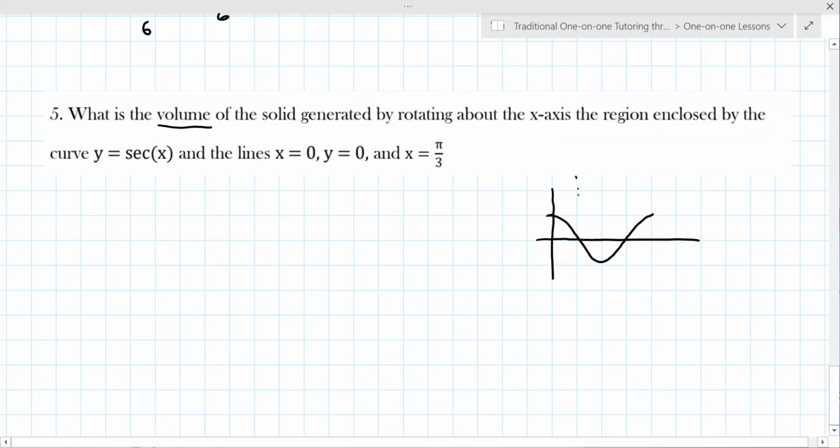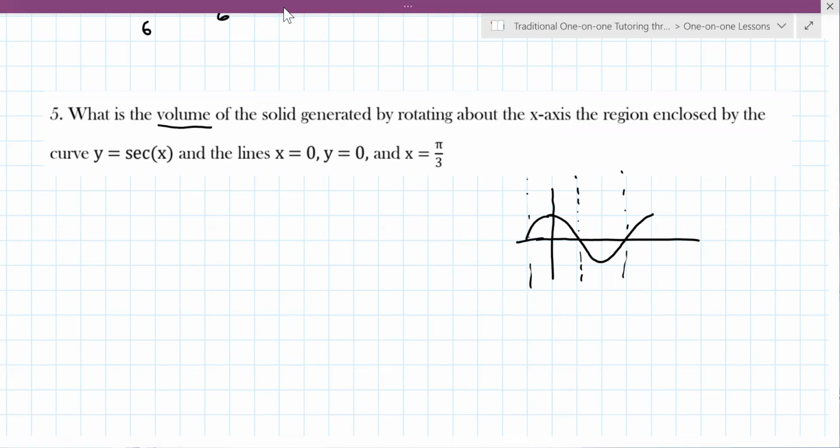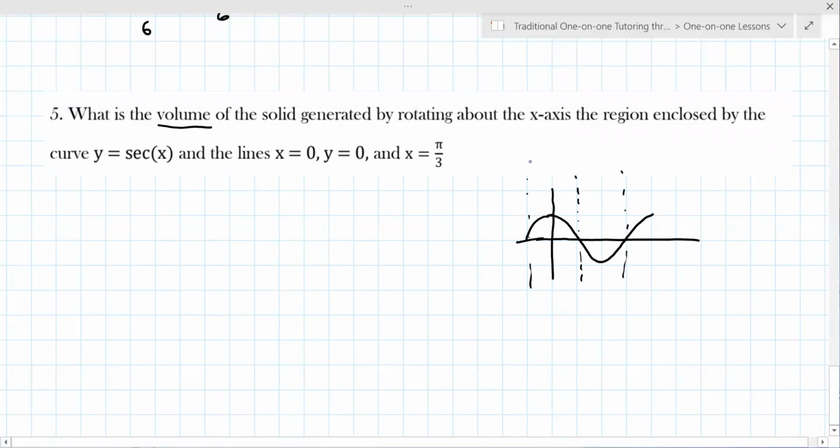And so these places where it crosses end up being these vertical asymptotes. And then the U part is where it touches. I'm just going to grab another color here. It's like this. So we only want it from x equals 0 to x equals pi over 3.